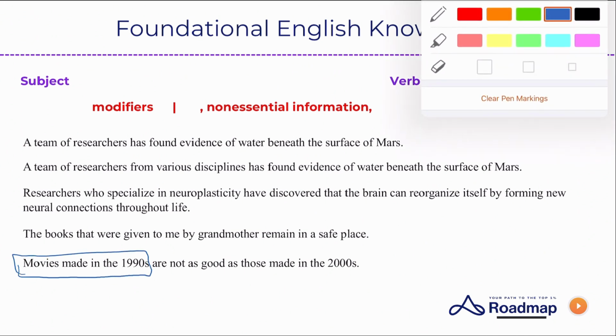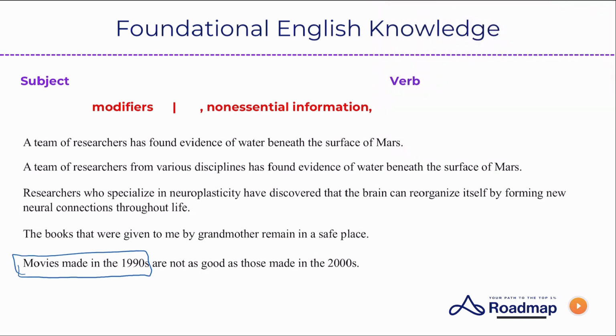This is a past participle phrase because the past participle form of the verb make is made, right? And so this past participle phrase, made in the 1990s, is just adding more specific details to the noun movies, right? So it functions like an adjective, or a modifier, because it describes a word in another part of the sentence, right?